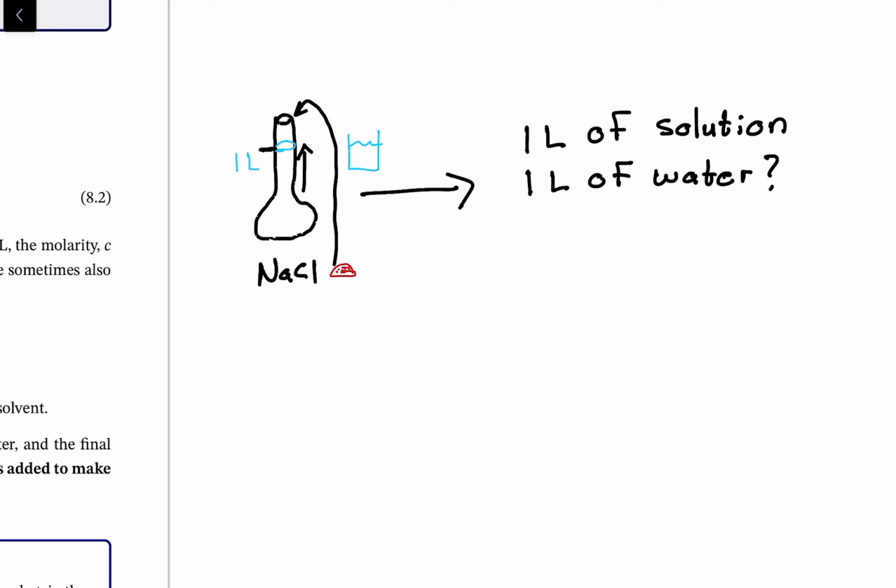So the sodium chloride plus the water is 1 liter, but there's a little bit less. So it's like a little bit less than 1 liter of water and some sodium chloride that together makes up 1 liter of solution. And that's the concept of what a concentration is. So you can say less than 1 liter of water is used.